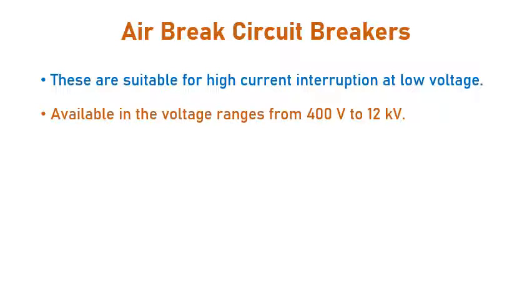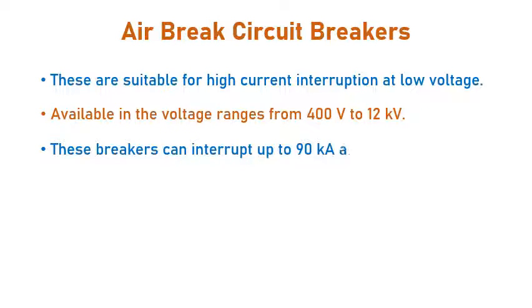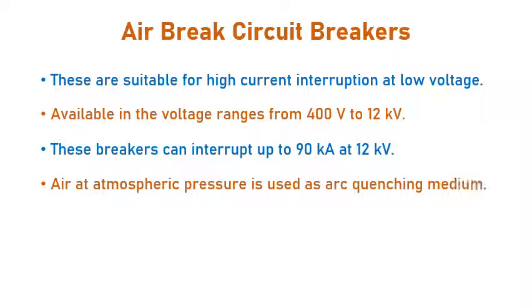You can use these air circuit breakers within these voltage ranges, and these circuit breakers can break or make current up to 90 kiloamps, 90,000 amps at 12 kilovolts without damaging itself. And as the name suggests, the medium used for quenching the arc in these breakers is normal atmospheric air. The air at atmospheric pressure is used as an arc quenching medium.